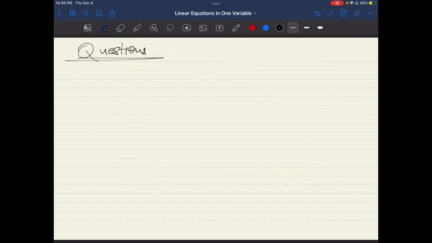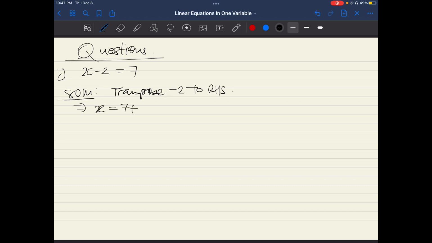Now let's solve some more questions together with all the concepts we've learned so far. The first one, x minus 2 equals 7. We will start with transpose minus 2 to RHS, which will be x equals 7 plus 2, which turns out to be x equals 9.